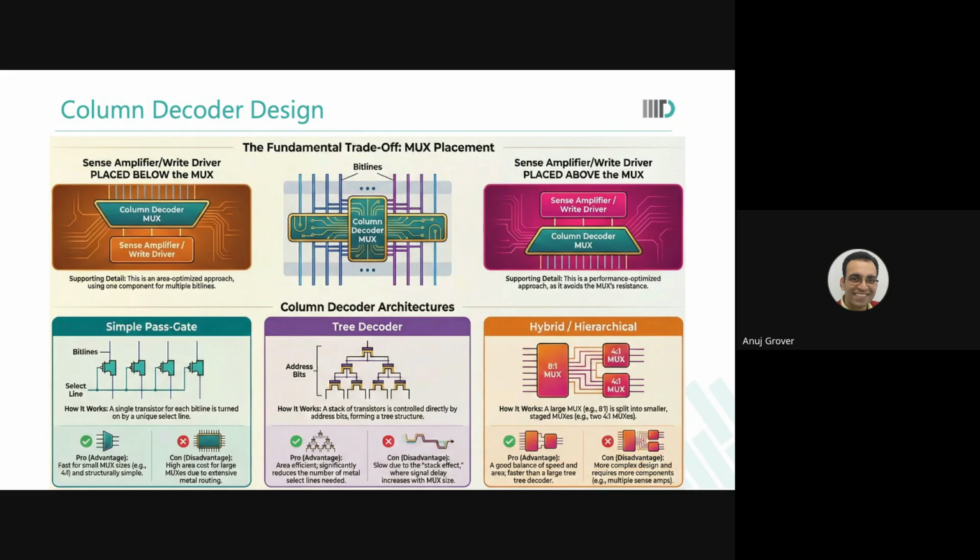There was one question on which statements correctly compare NOR and NAND ROM cells, and one of the options was that NOR ROM provides predictable bitline capacitance, and this was marked wrong. If you do brain-based programming, then it doesn't offer that.